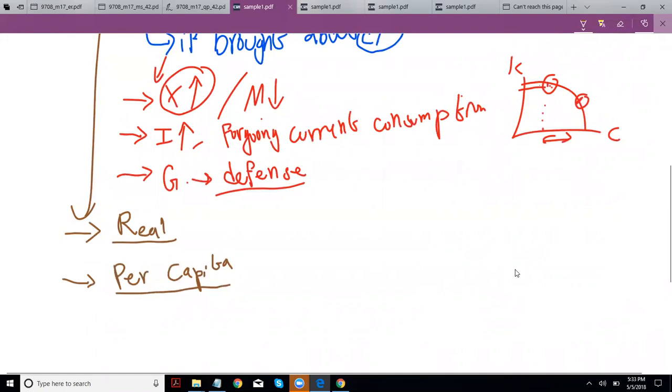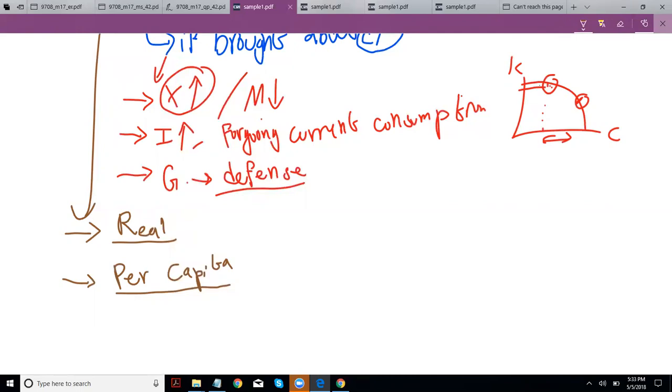So the reason why we need to take inflation into account is because when talking about national income, like GDP, the idea is it was the monetary value of the goods and services produced. It could very well happen that if prices go up, everything, a samosa that was 10 rupees is now sold for 20 rupees, so the monetary value of those goods and services would definitely increase, right?